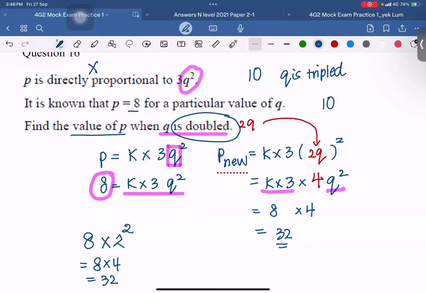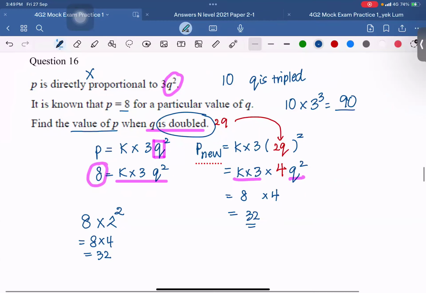So I multiply. The thing is tripled, so I times 3. But there is a power here, square. So I times 3 squared. Then I get my answer. So this one is the shortcut.